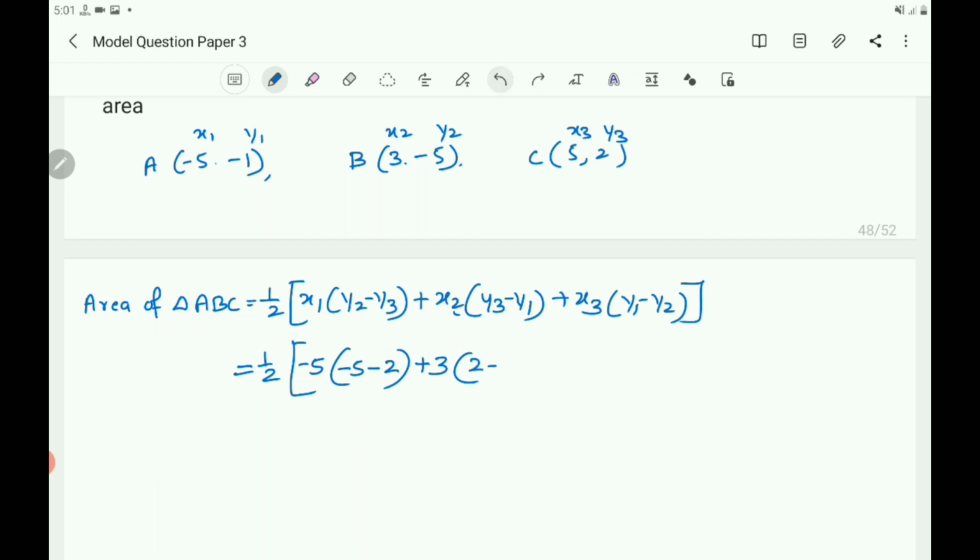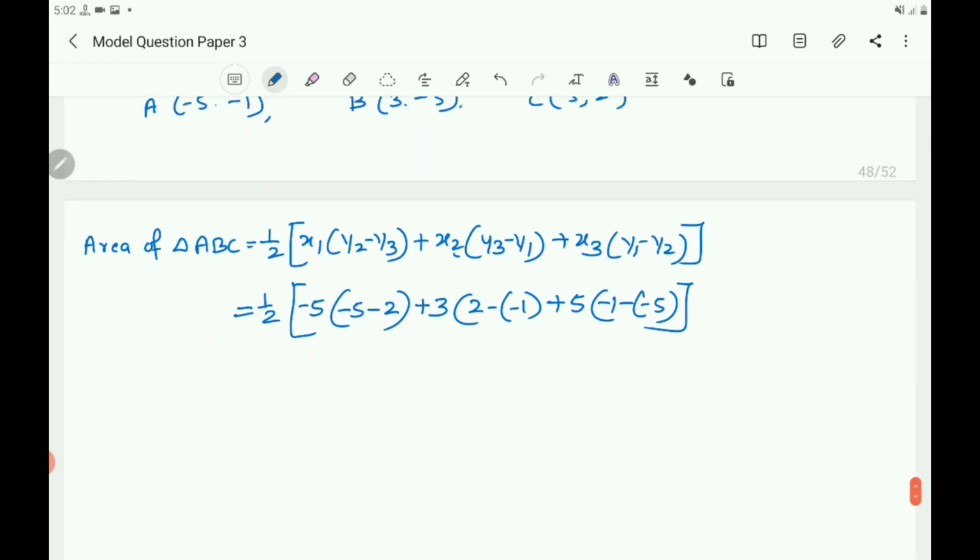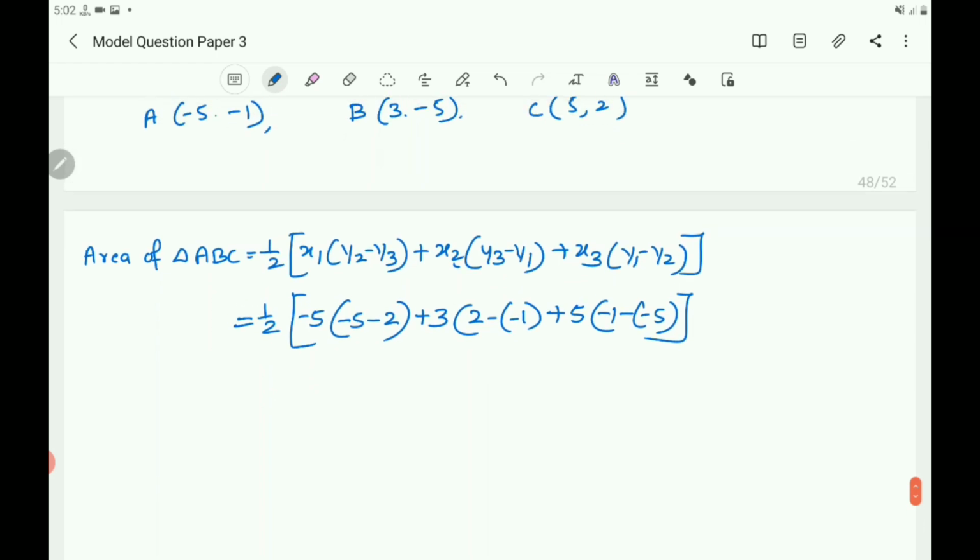Minus y1 means minus 1, plus x3. x3 is 5 into y1. y1 is minus 1 minus y2. y2 is minus 5. Write all the points with correct sign.